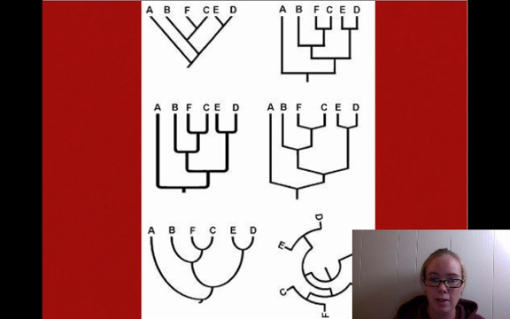The most common one is kind of like a stick figure, but you can even have one shown in a circle, which usually will clear up any misconceptions because it's less likely that you're going to decide that there is a most advanced species when looking at the circular way of drawing a phylogenetic tree.